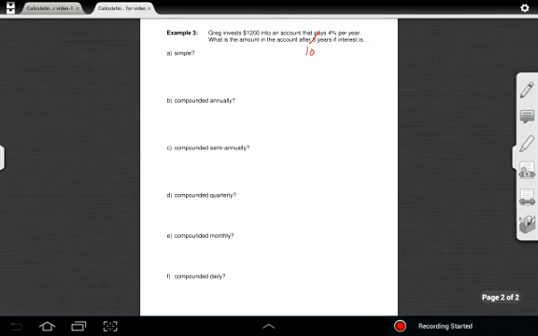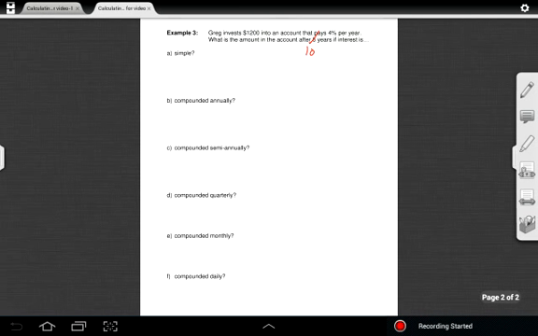Alright. Monthly. Here's where it gets interesting because my interest rates are not very pretty numbers. So let's do 0.04 divided by 12. And on my calculator I get 0.0033, repeating. So let's say I round to 4 decimal places.